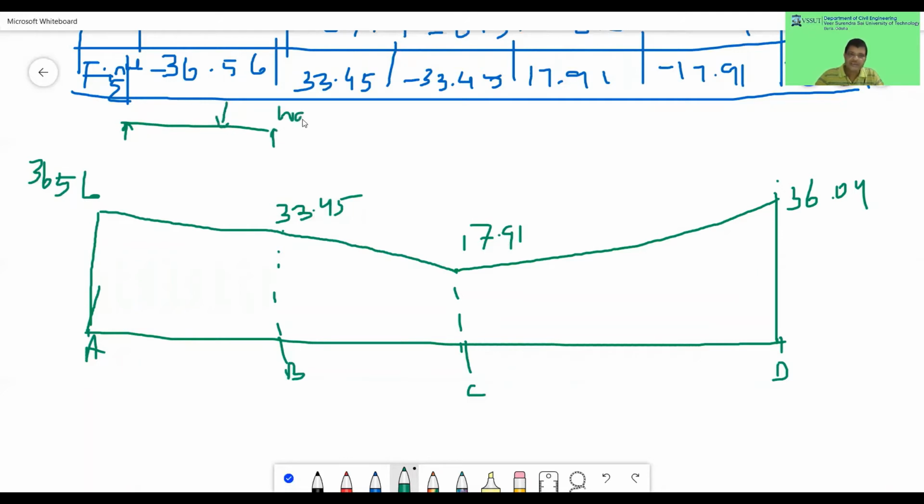WAB by L. WAB by L is the bending moment due to simple support. So W is equal to 60, A is 4, and B is equal to 2, with L of 6. So 10 into 4 into 2, 8. So this value come here is 8.